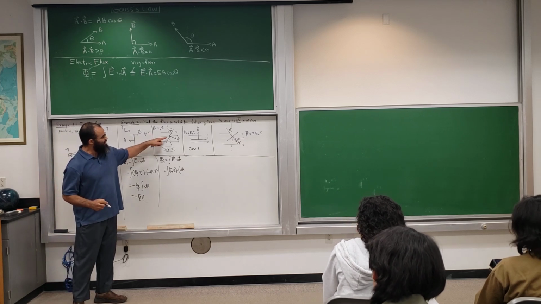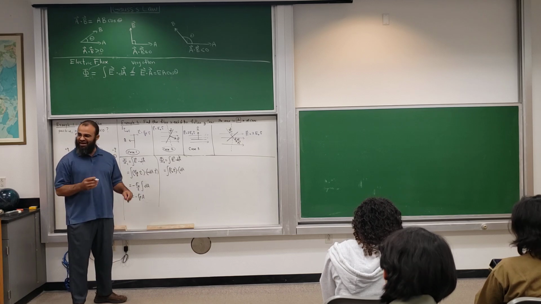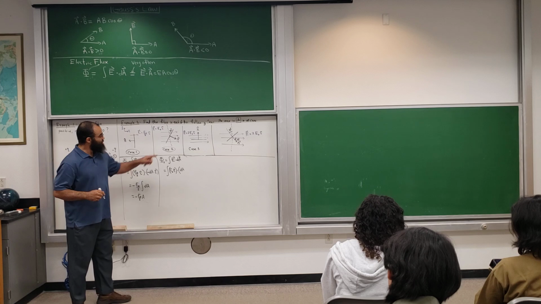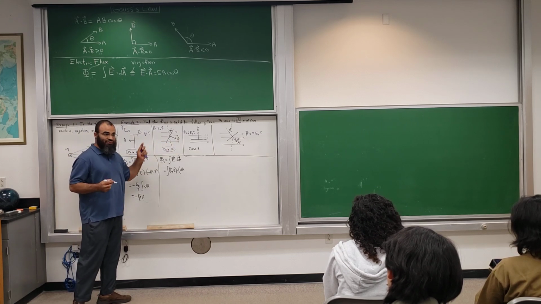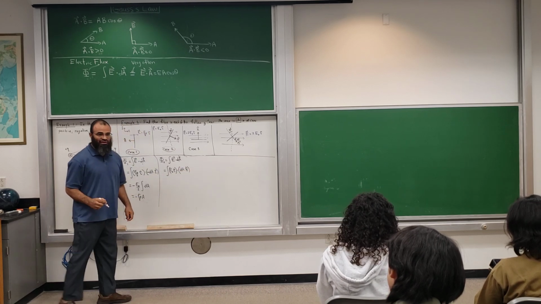Not quite. The area is pointing this way. It's in the I hat and J hat, kind of. So it's in the N hat direction. It's in this direction, N hat. Okay, so we'll just call it N hat for now. We'll worry about what it is in a second.